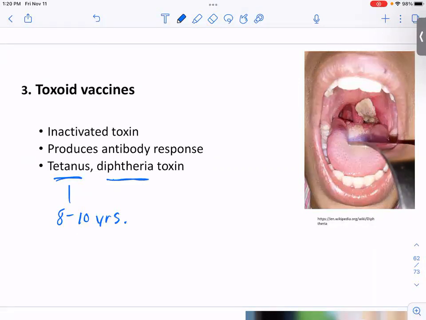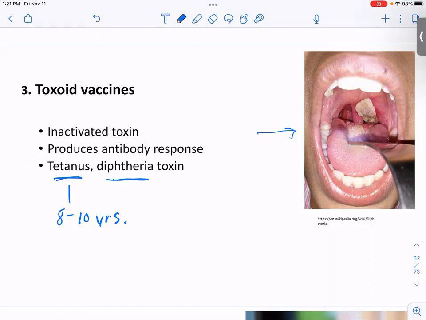Diphtheria is an infection that we won't talk about anymore. Before we had the diphtheria toxoid vaccine that was formulated and came out in the 1920s, we had over 200,000 cases annually in the US of diphtheria, and 10 to 15,000 deaths a year, mostly children.